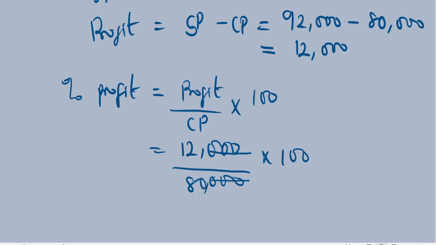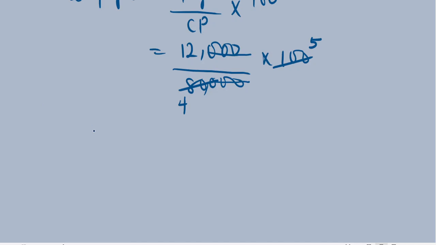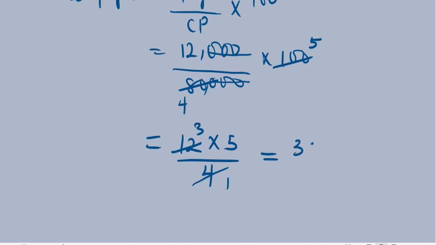Now this is 80 over 100. 80 divided by 20 is 4, and 100 divided by 20 is 5. So we have 12 times 5 divided by 4. 4 here 1, 4 here 3. So it is 3 times 5. So the percentage profit is 15%. That's the answer for question 17B.